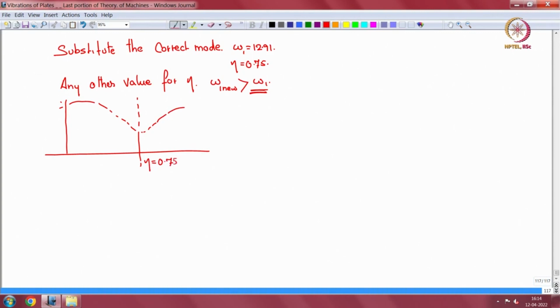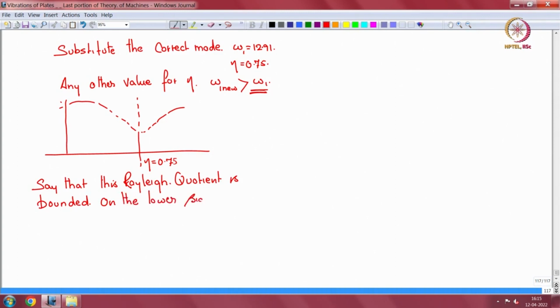Okay. So we will for now say that this Rayleigh quotient is bounded on the lower side by the correct or exact natural frequency.